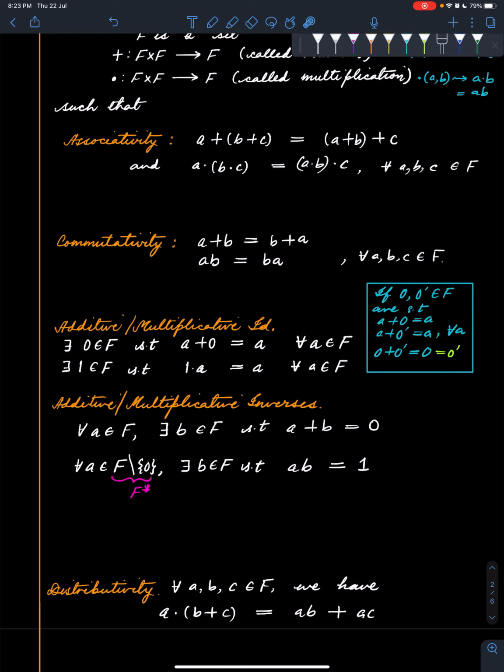Okay, and similarly I want to say that given any element A in F, there is a unique B in F such that A plus B is 0. So let me argue that here.